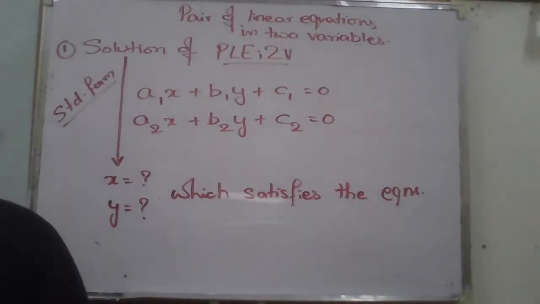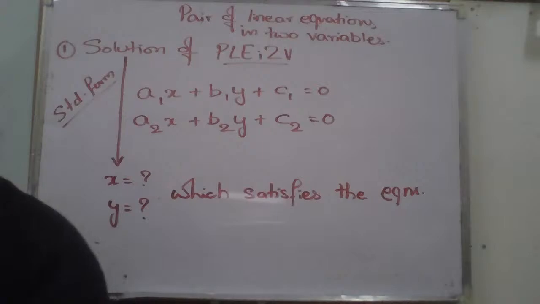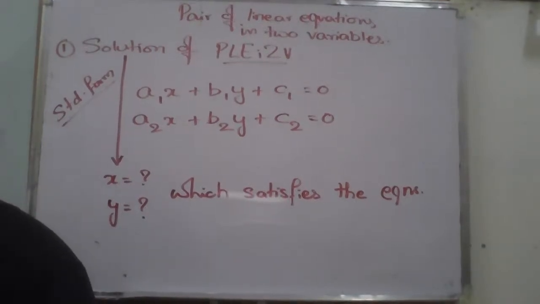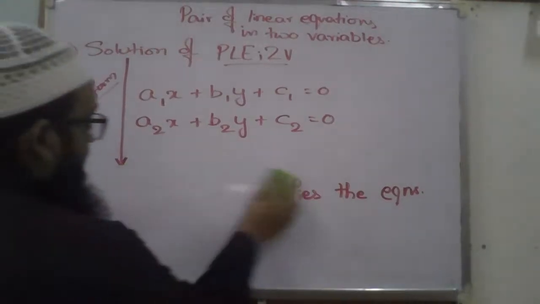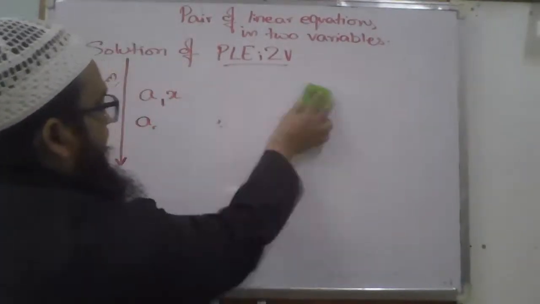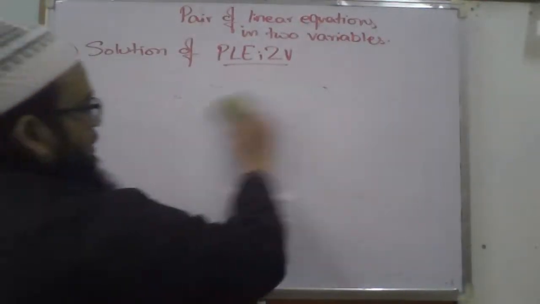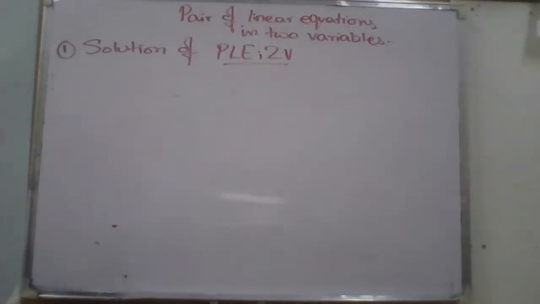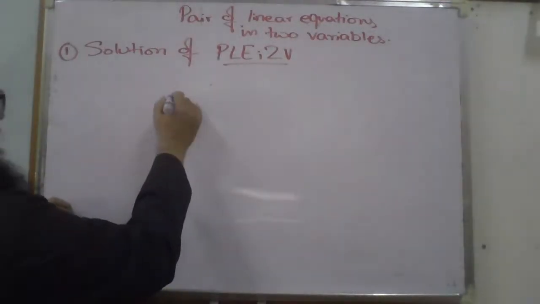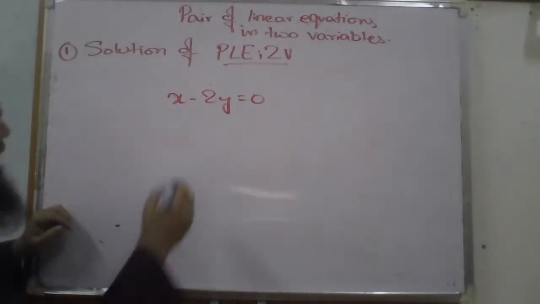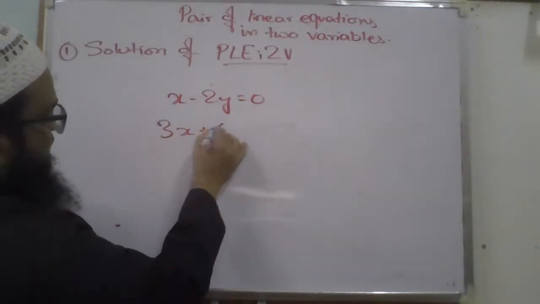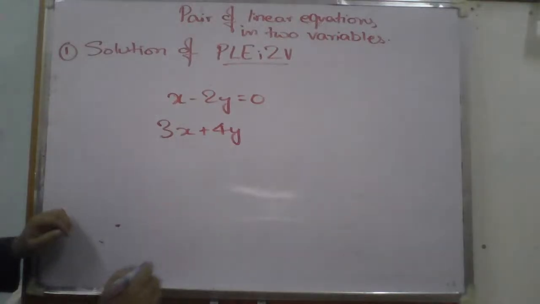Now let us discuss two equations. For example, let us say there is an equation x minus 2y equals 0, and also 3x plus 4y equals 20.